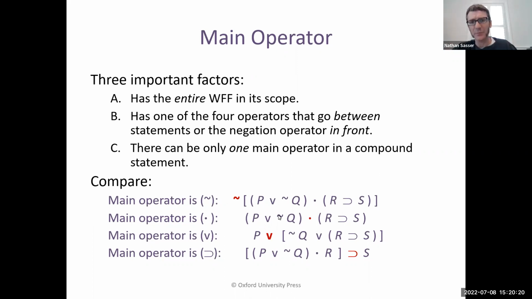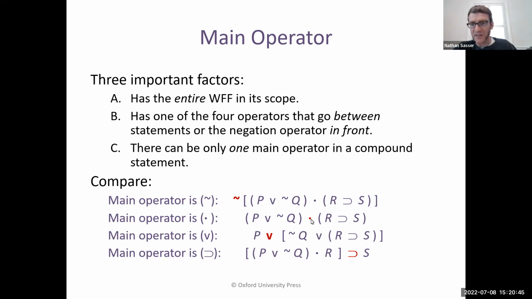Now let's look at some examples here. In the first one, the main operator is a tilde. Why? Because the tilde goes before these brackets, and the brackets capture everything else in the entire statement. So the tilde is ranging over this entire compound statement, which is everything else. Or what about in this one, the second one?